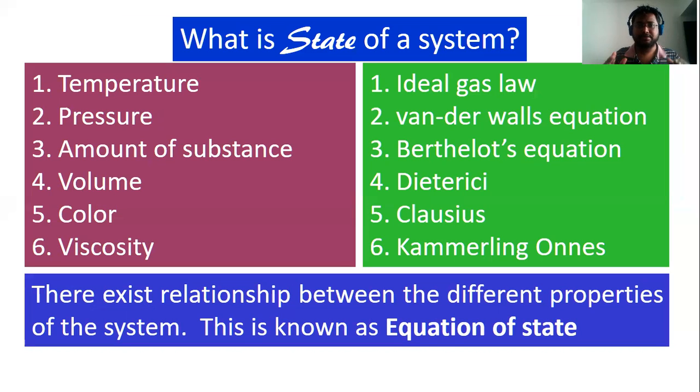Now, what is the state of a system? Somebody may ask you, what do you mean by the state of a system? State of a system means we are asking what are the values of certain properties the system has at some instant. So, I'm repeating again: state of a system means the values of the properties of the system at a certain instant.